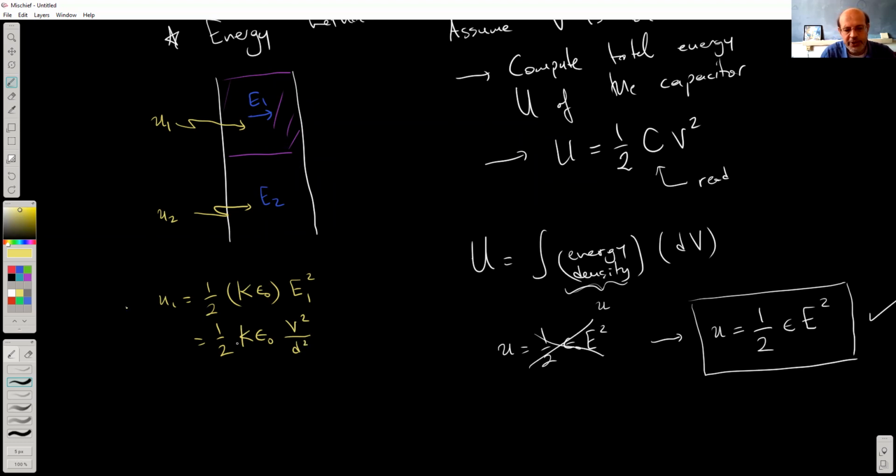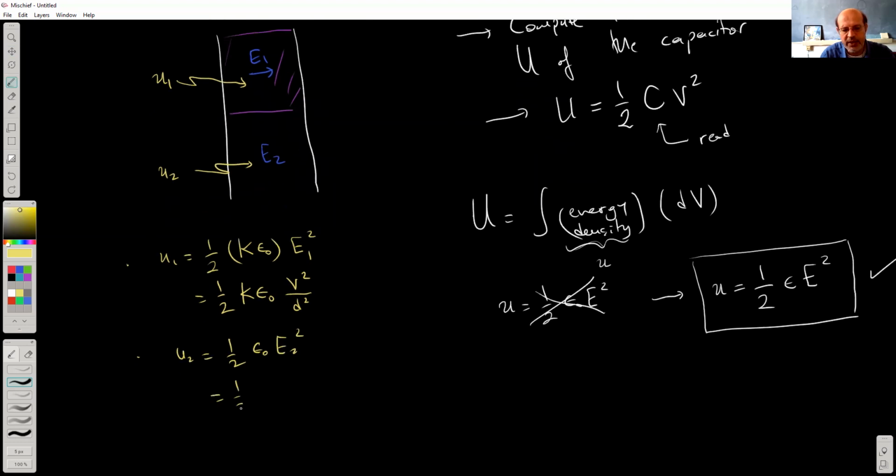Right, that's what the first energy density is. The second energy density is basically the same thing without the K. So U2 is 1/2 of epsilon 0 times E2 squared, and so this is 1/2 of epsilon 0 times V squared over D squared. So the energy density on the dielectric part is actually bigger.